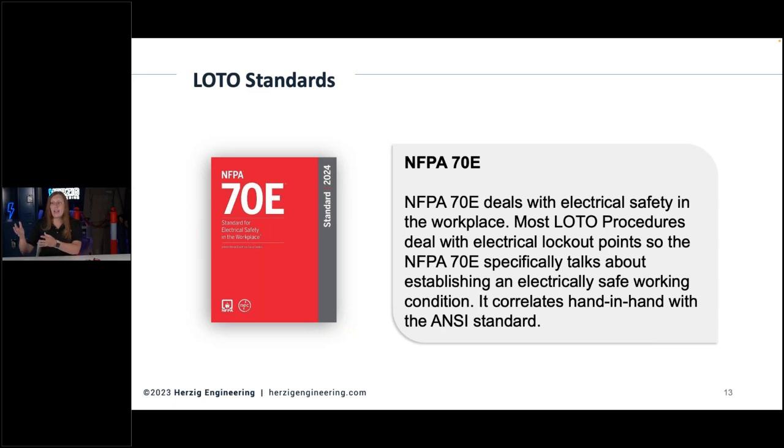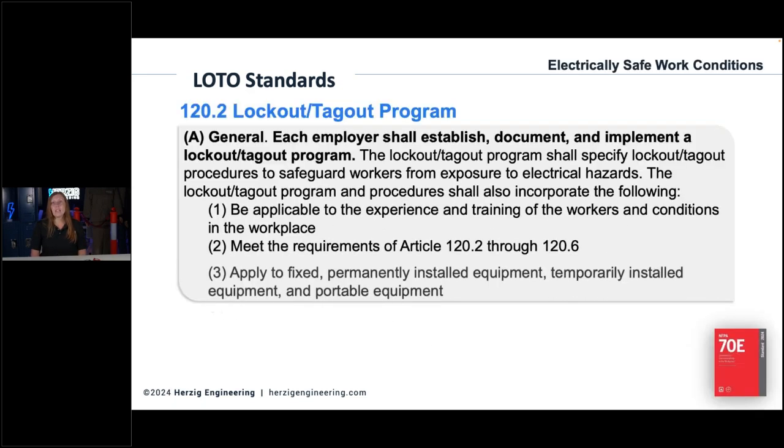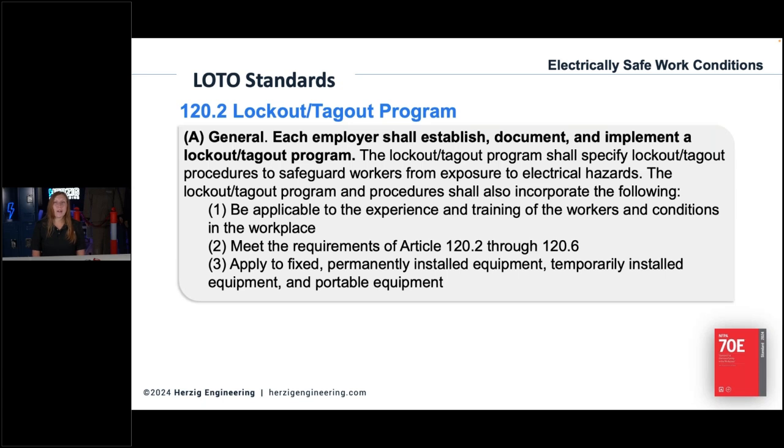And if you're locking out other pieces of equipment and you're not really focused on the electrical, that's not what you're servicing or maintaining, you may still need to do the extra steps described in the 70E to make it electrically safe. We'll dive into that a little bit, but all three go hand in hand. And even in that, it has a section talking about lockout tagout programs being applicable to the experience and training of workers, meeting the requirements of the 70E, and applying to basically all equipment that has hazardous energy.